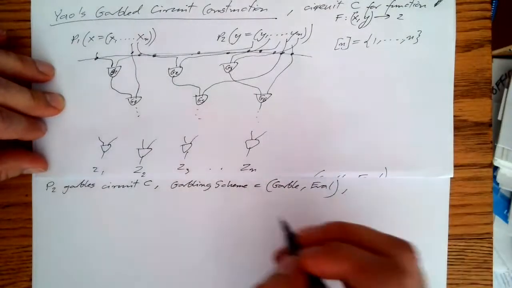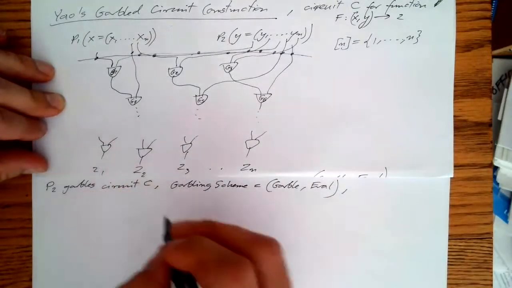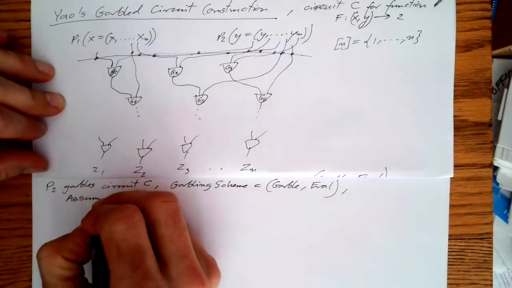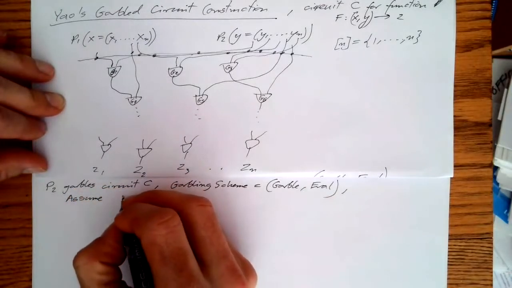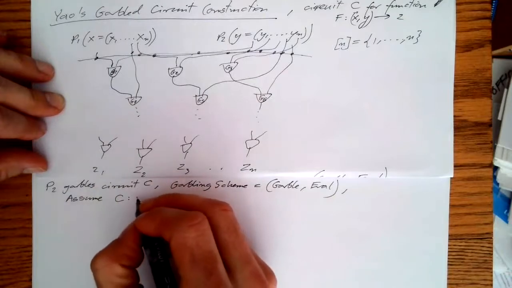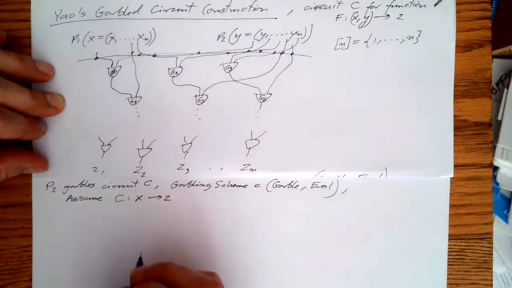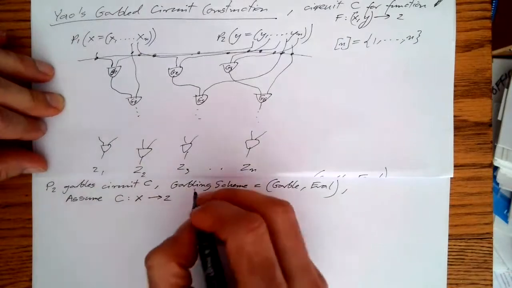During garbling, assume the following notation. Assume C computes on input just X and outputs Z, okay?